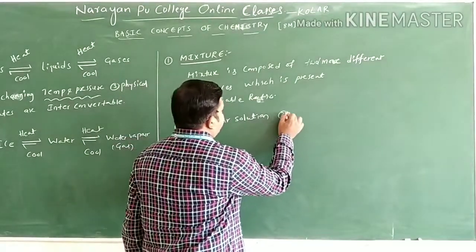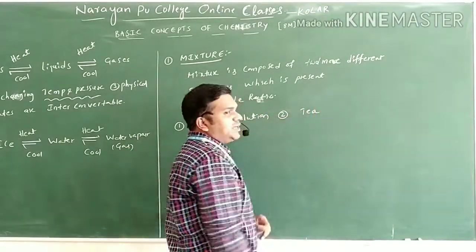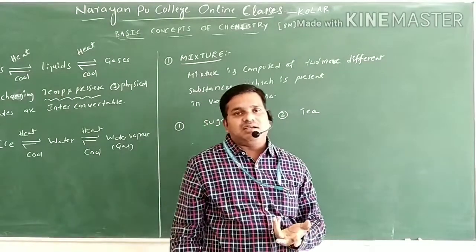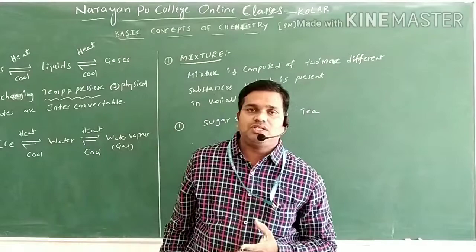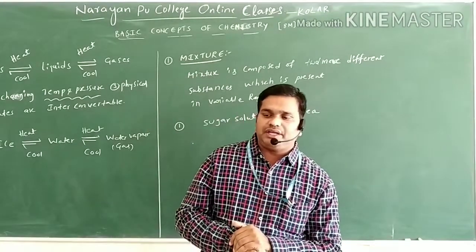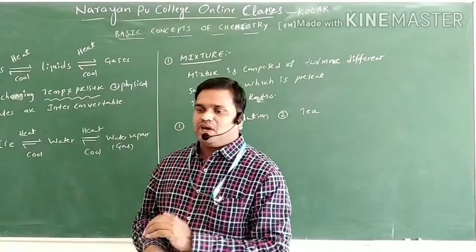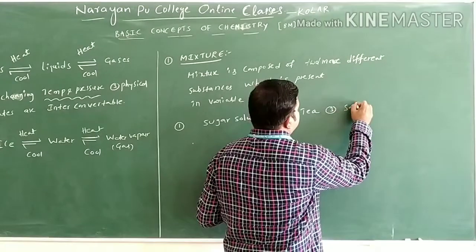Okay, and one more example you can take is tea. If you want to prepare tea, what is required? Milk, tea powder, and sugar also. We mix these three in different ratios and prepare tea. The third one you can take is salt water.